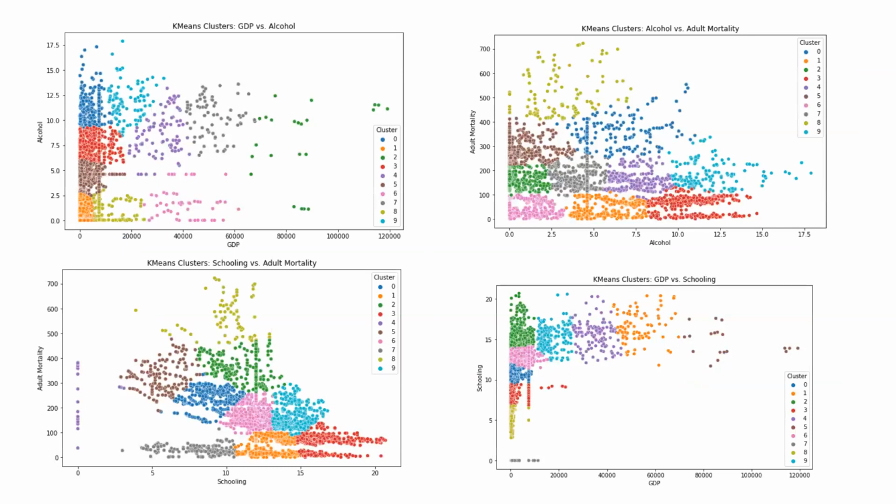we just see even more socioeconomic factors, like GDP and alcohol, adult mortality, and schooling and adult mortality, and clusters and schooling.